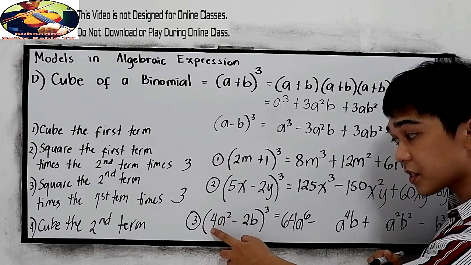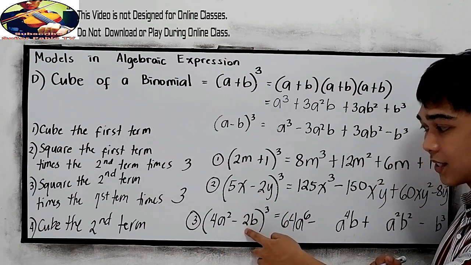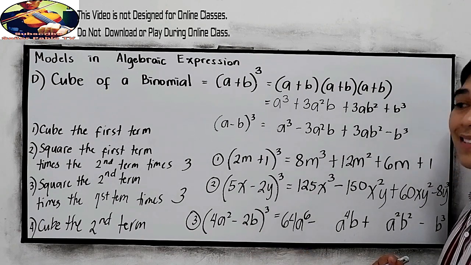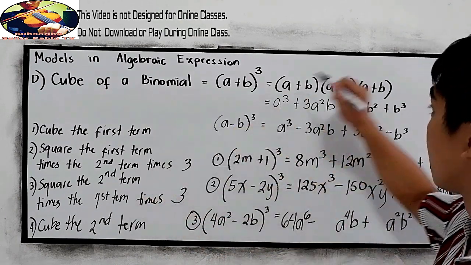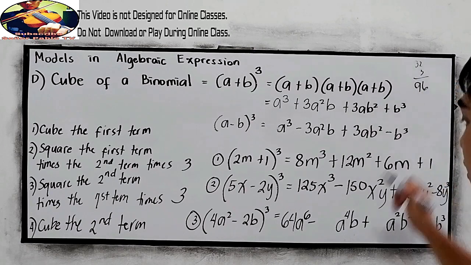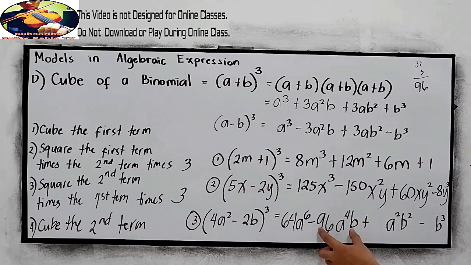So square the first term, 16 times 2, 32 times 3, that is 96. So we have 96. We have the variable and exponent.